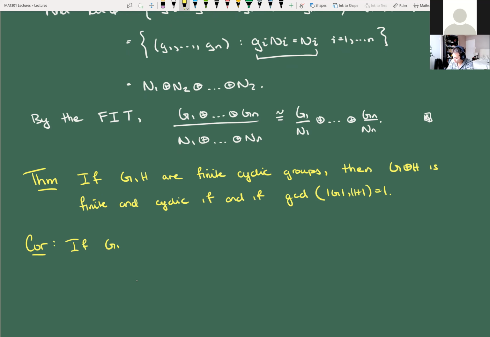So if G1 through Gn are finite and cyclic, then their product is finite and cyclic if and only if their orders are pairwise coprime.